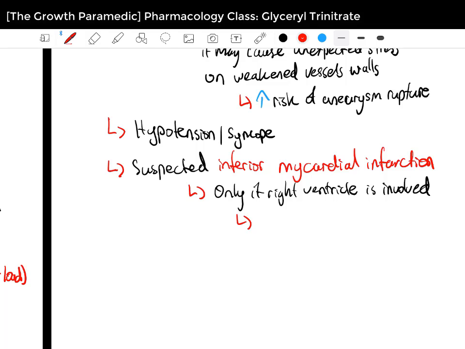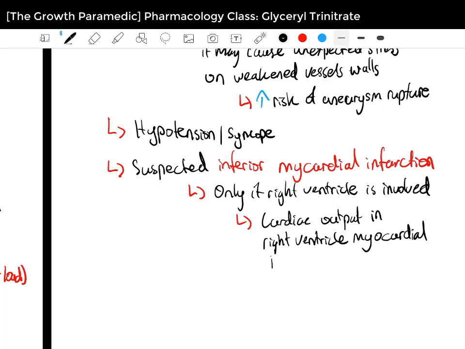And the reason for this is because cardiac output in right ventricle myocardial infarction, or MI, is heavily preload dependent.